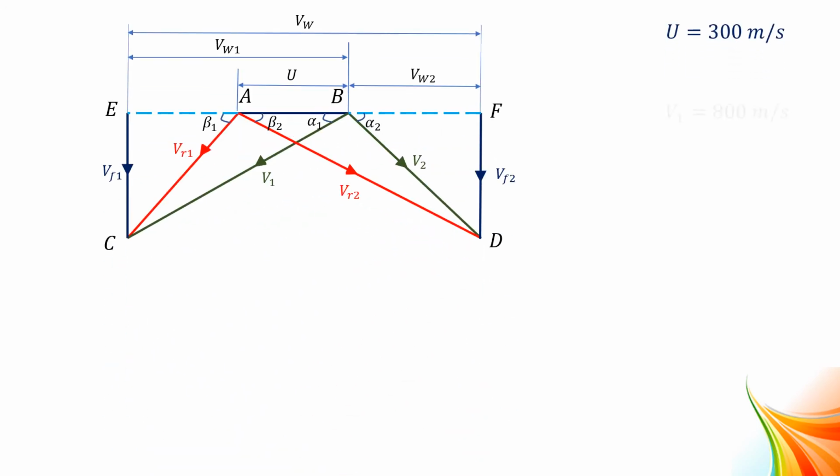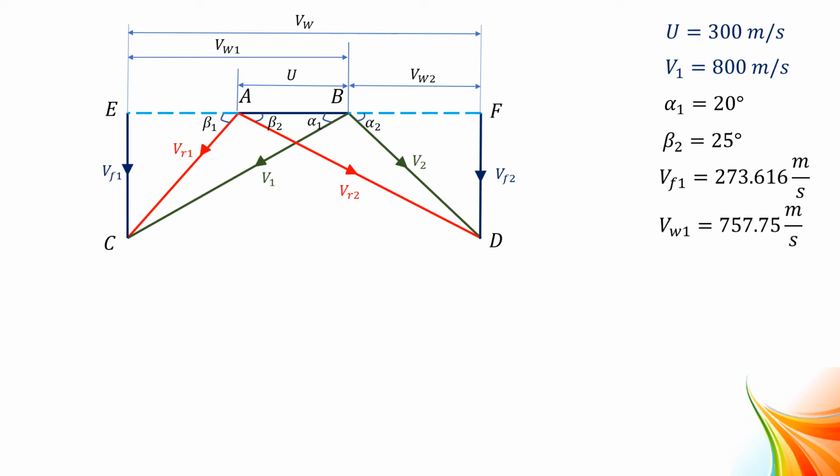Now U is 300 meters per second, V1 800 meters per second, alpha 1 20 degree, beta 2 25 degree, VF1 273.616 meters per second, VW1 757.75 meters per second, VR1 533.3 meters per second. The value of velocity coefficient K is 1.